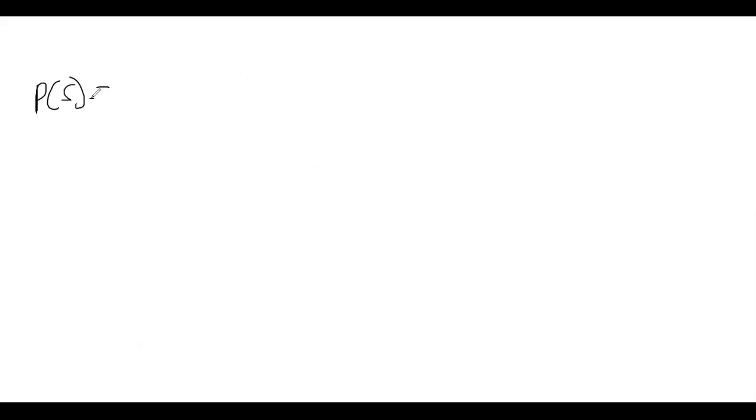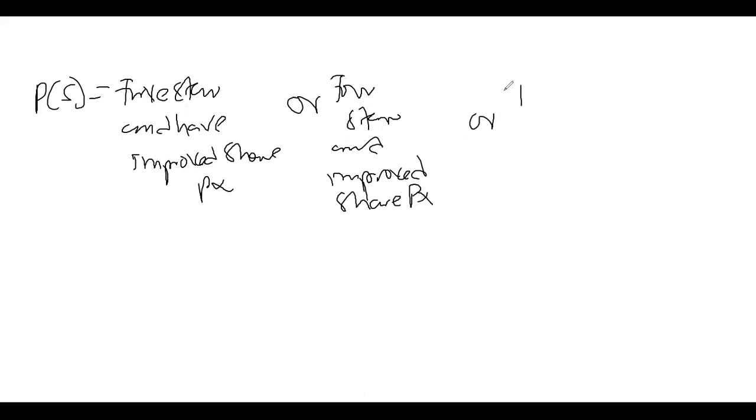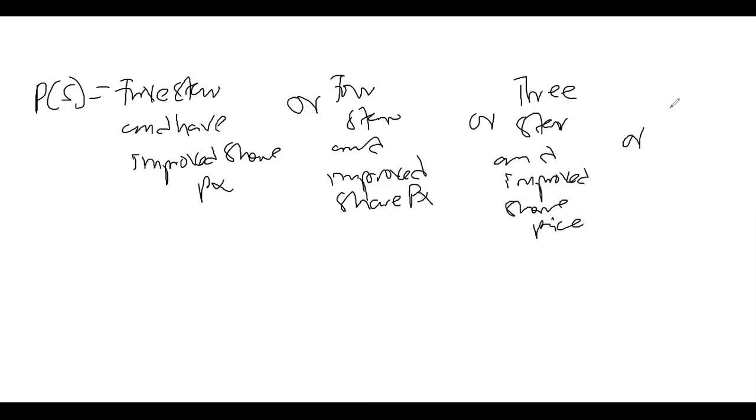So for the probability that a firm has improved its share price, it could be that it's a 5-star and has improved share price, or it could be that it's a 4-star and improved share price, or it's a 3-star and it has improved share price, or it's a 2-star, sorry, and it has improved share price.